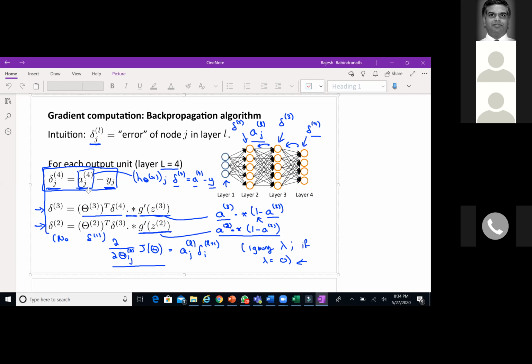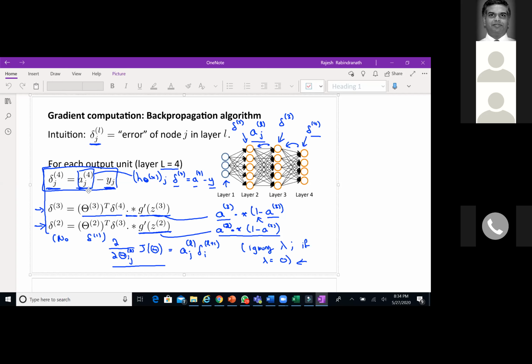Exactly. So you started with A1 and, using forward propagation, you derived A4. So A4 is a derived value, and for calculating A4 you needed the forward propagation algorithm, correct?